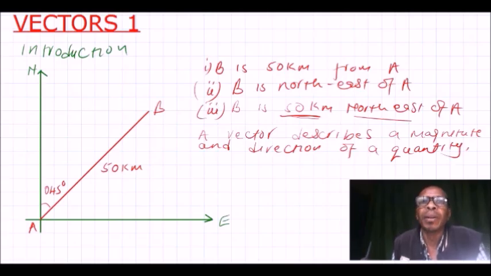Direction of a quantity. So we can say Roman number 3 describes a vector.